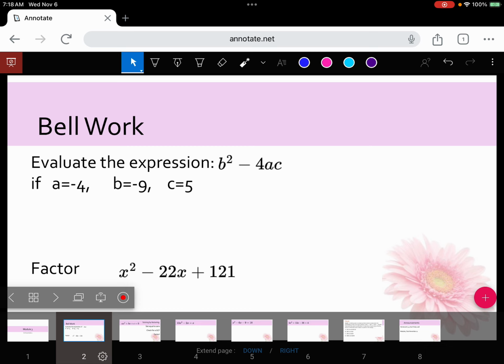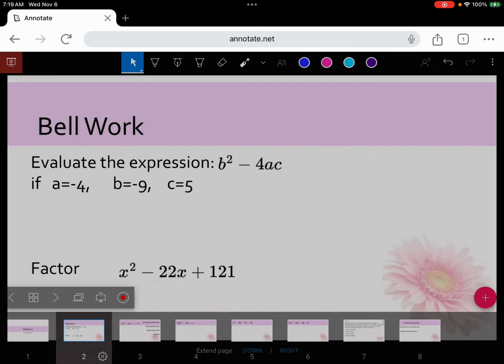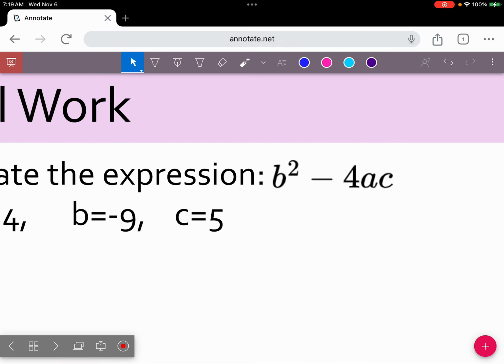Substitute it in. I know what A is, I know what B is, I know what C is. Substitute them in. Be careful because we've got some negative numbers in there. But what are we substituting in? We know that our B is going to be -9, so we need that to be our -9 squared.